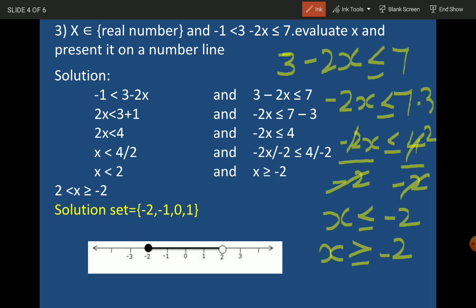For this solution set, we have to draw the number line, the x-axis. The numbers are there. We start from minus 2, minus 1, 0, 1 and we have to stop at 2. This dark line represents the number line.